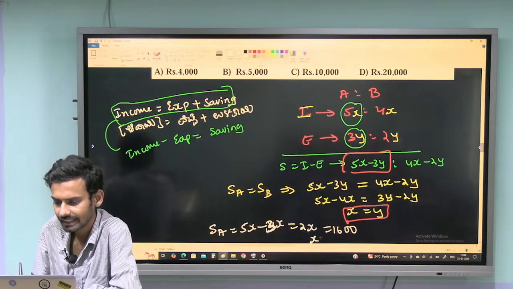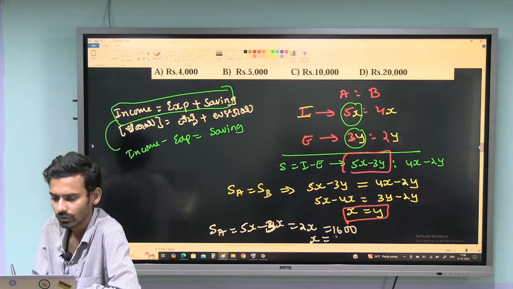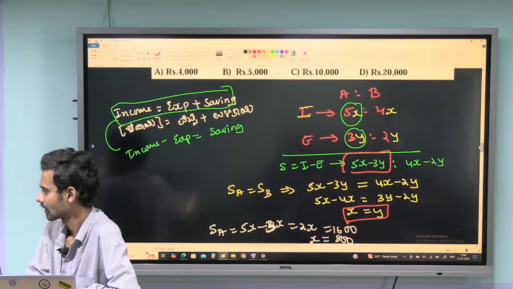So x value will be 1600 by 2, which is 800. Clear till here?